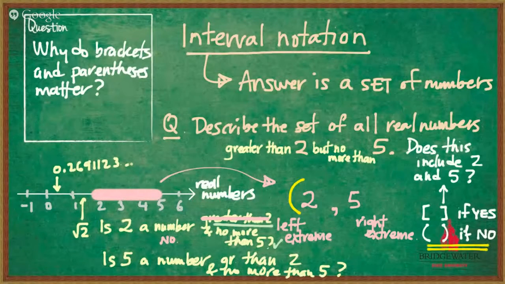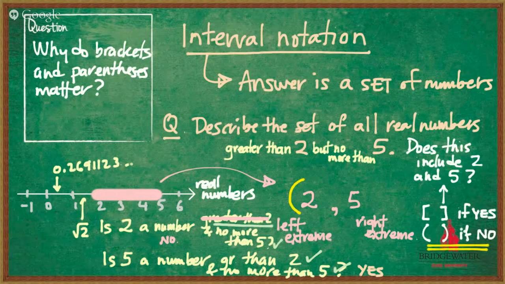The answer to that question is yes. After all, 5 is indeed greater than 2, so that first portion is satisfied. Also, 5 is no more than 5. 5 is not, in fact, greater than 5. And therefore, we answer that question in the affirmative. In other words, 5 does belong to the set that we're talking about as the solution of this problem. And because it does belong, we'll use a square bracket.